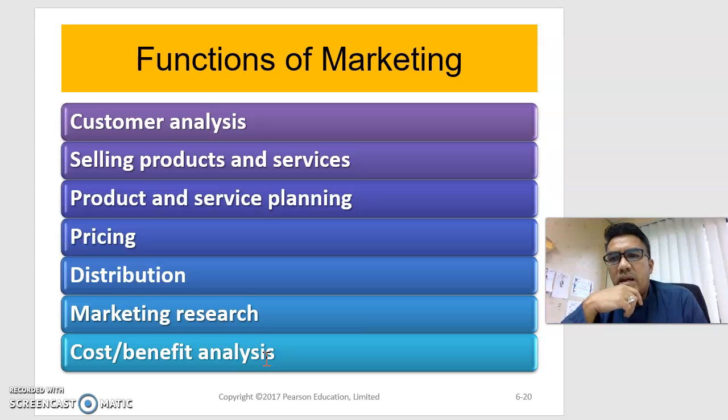For example, Procter and Gamble, because they are a billion-dollar company, they spend billions of dollars on the advertisement of their products and services. Yearly, they spend more than 1 billion only on advertising, only the promotional part.